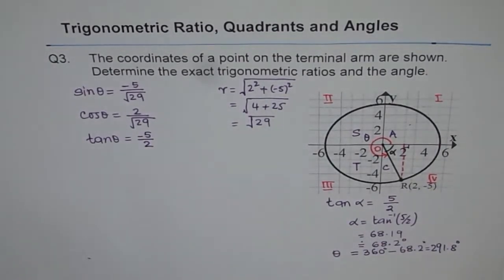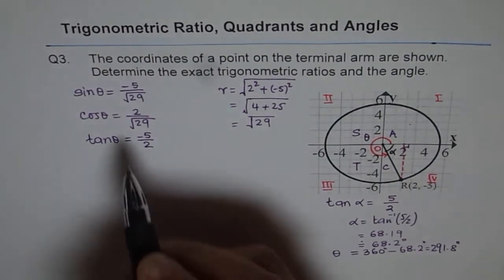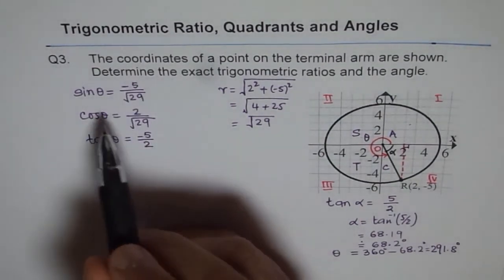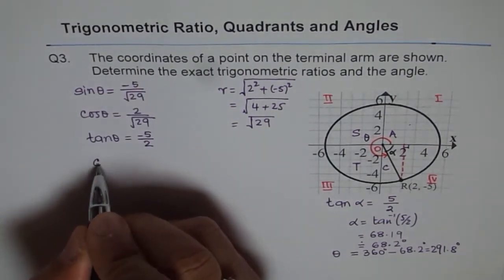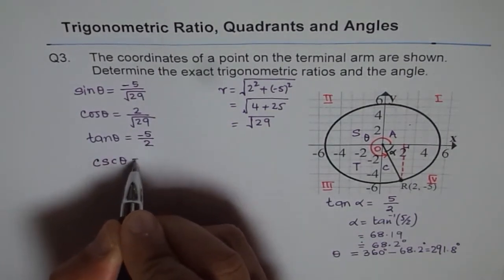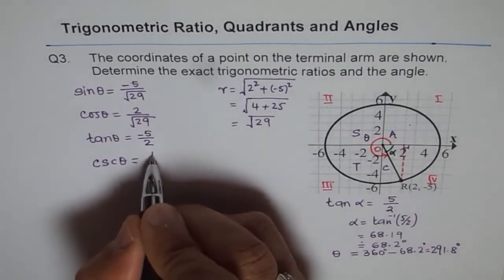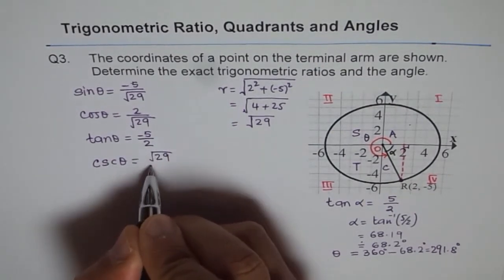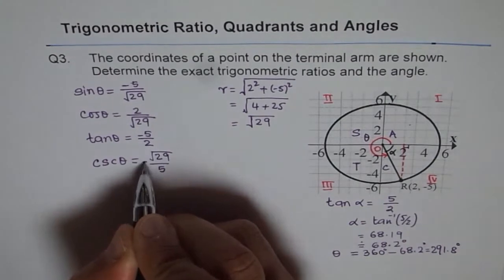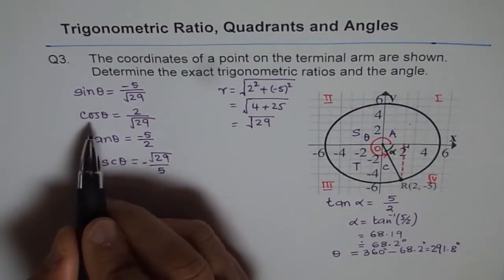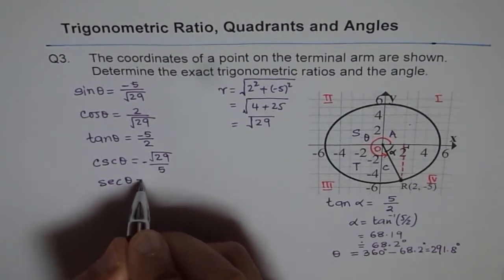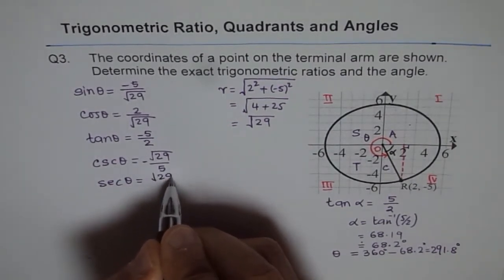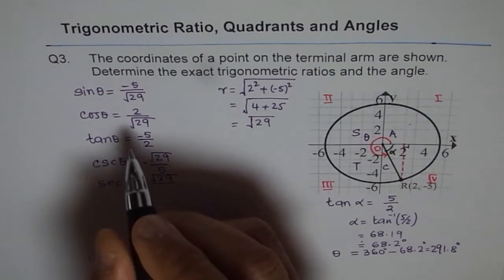The other trigonometric ratios are reciprocals of these, correct? So what is the reciprocal of sine theta? Cosecant theta. Cosecant theta equals, just flip it, square root of 29 over 5 with a negative sign. What is the reciprocal of cos theta? Secant theta, which equals square root of 29 over 2.